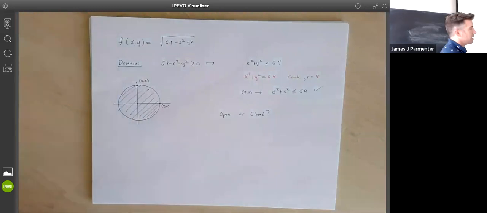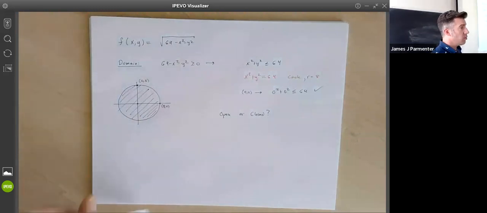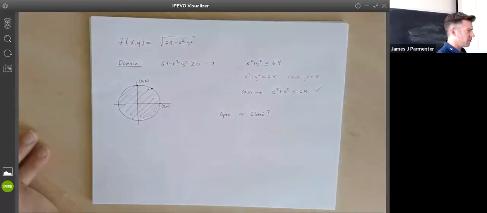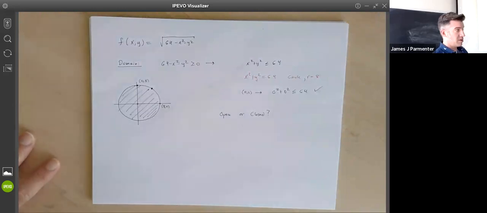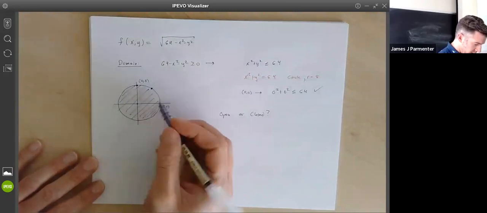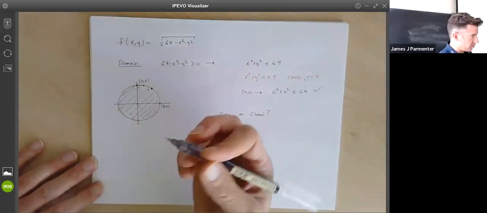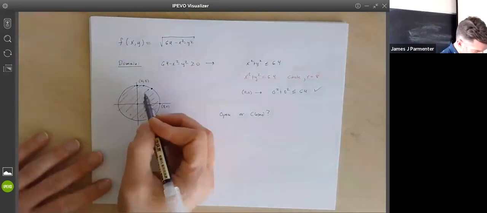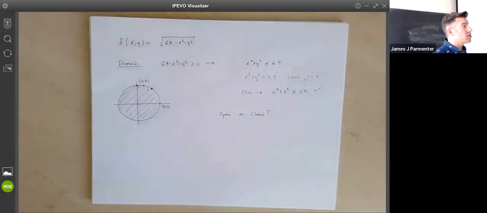Is it closed? Yeah, because every boundary point, so there's a boundary point right there. Well, first of all, is that a boundary point? If I draw a circle around it, some of the circle is outside of the domain. So definitely that's a boundary point. Any point on the thing I have called the boundary is a boundary point. And specifically, this domain includes all of its boundary points.